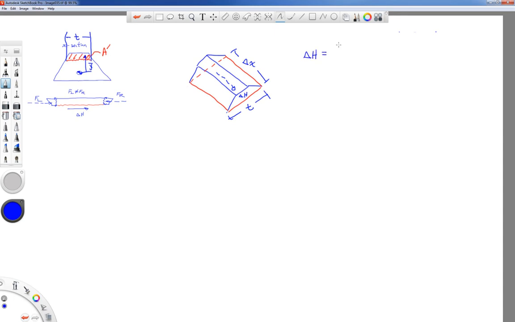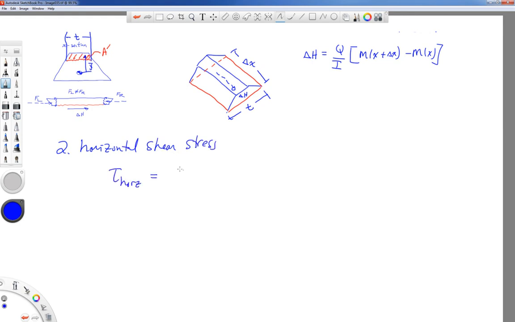We said it was Q over I multiplied by M of x plus delta x minus M of x, like that. And so the horizontal shearing stress, we'll call that item 2, it's nothing more than this force delta H divided by the area on which it is acting, which is the thickness t times delta x.